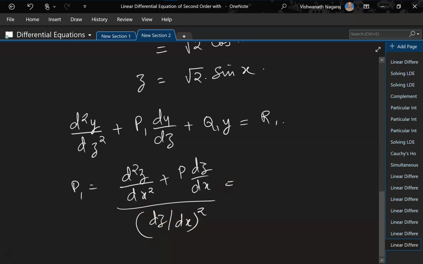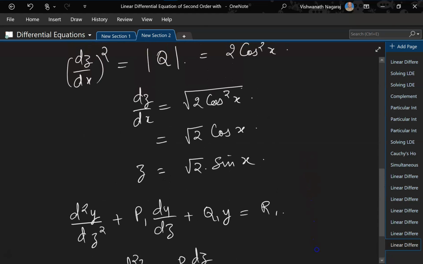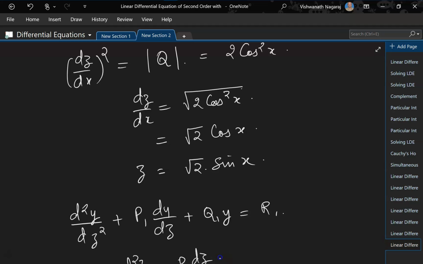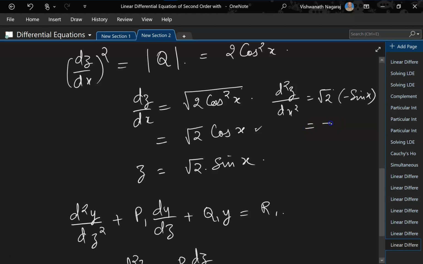Here, d²z/dx² is what? Do we know that? No, we don't have that, right? So let's find d²z/dx². We use this: root 2 as it is, and we have to differentiate cos x. Differentiating cos x gives minus sin x, which means it is minus root 2 sin x.